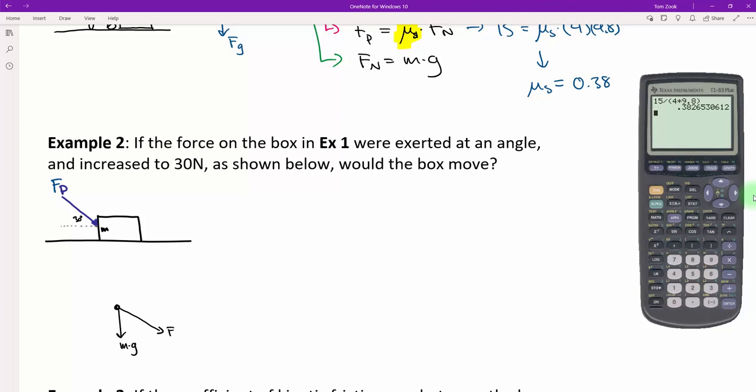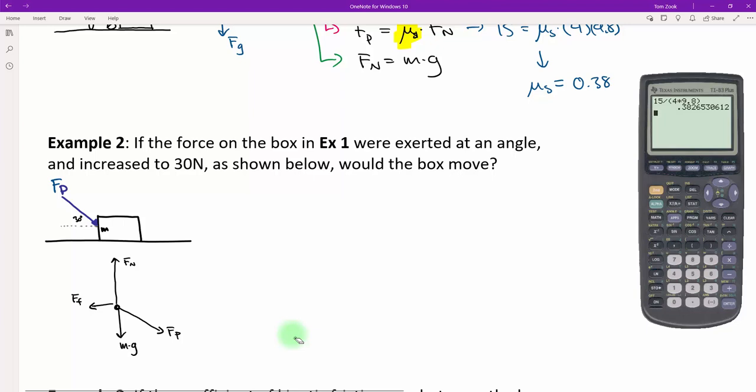And because there's two things going down, I've got the mg going down and the push force going down and to the right, I'm going to have a really big normal force. Normal force is going to go up, up, up like that. And then the only other force acting on the object would be the friction force going towards the left. Remember, free body diagrams, no components, just the actual pushes and pulls.